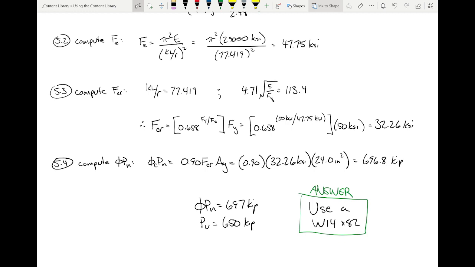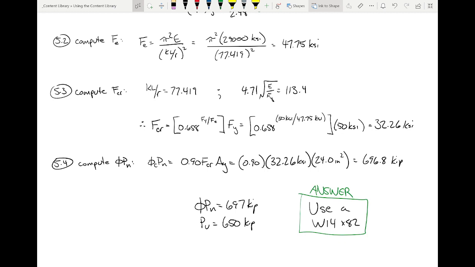We're in chapter E. So it's right near the shear lag factors. If you go to 16.1-35 and look at the bottom, you should be in section E3. You see that? Section E3 shows the flexural buckling of members without slender elements, and it tells you how to compute FCR right here.